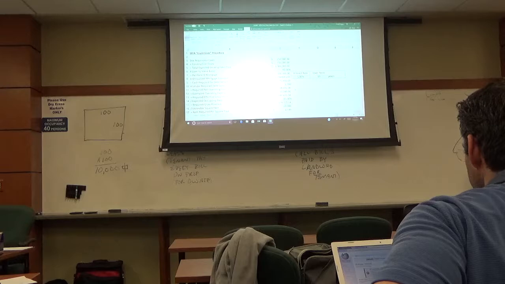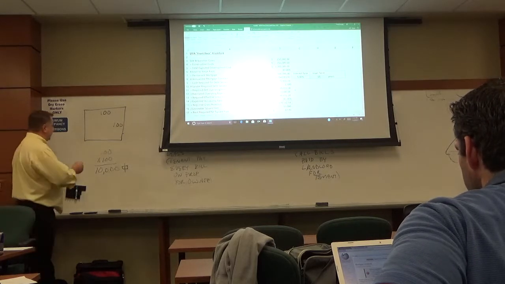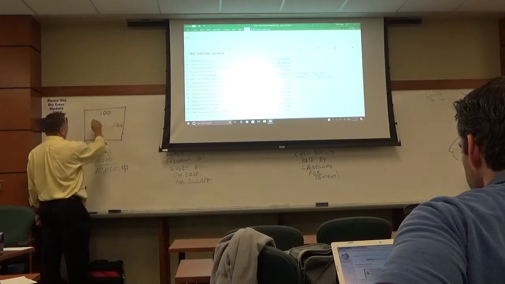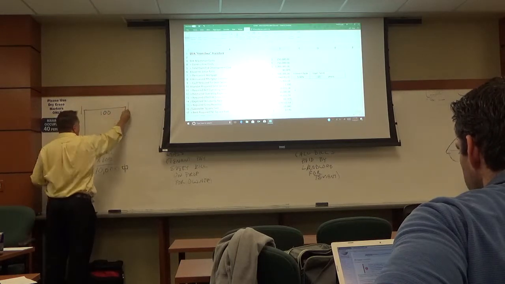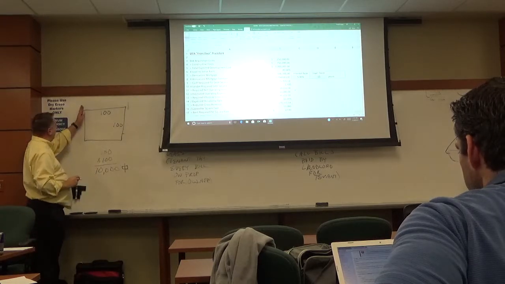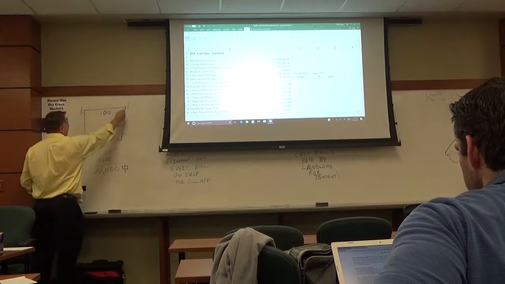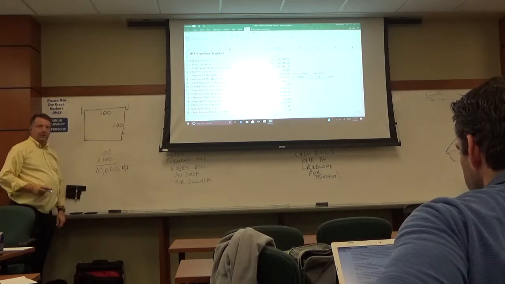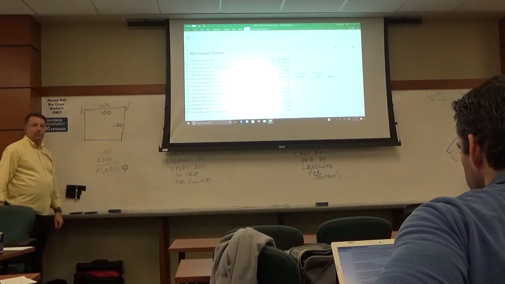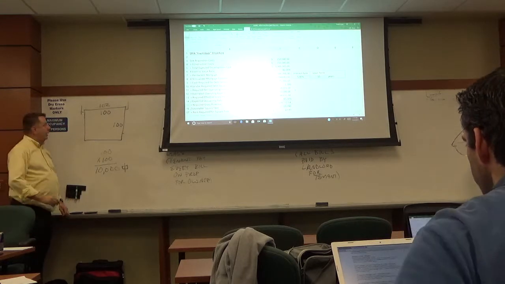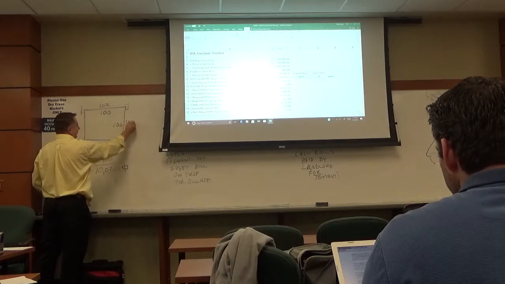That's not going to make a huge difference with this particular building, but with some buildings it would. So that really means you've got an extra foot over here and an extra foot over here, so it's really 102 feet. Does everybody see that? Same thing up here and up here, 102 feet.